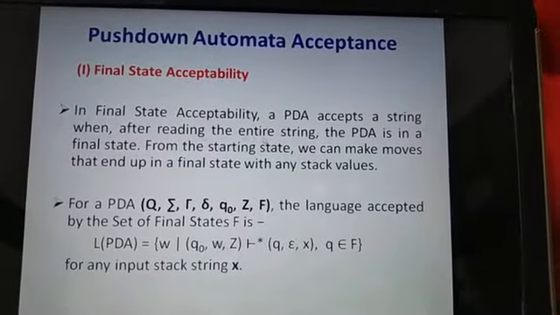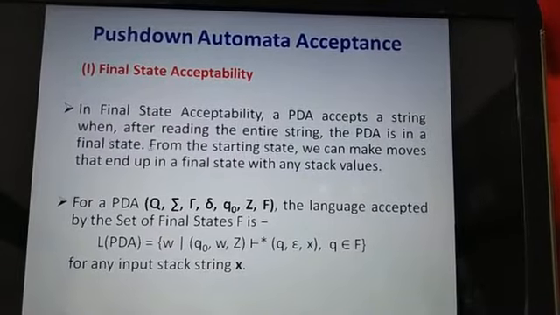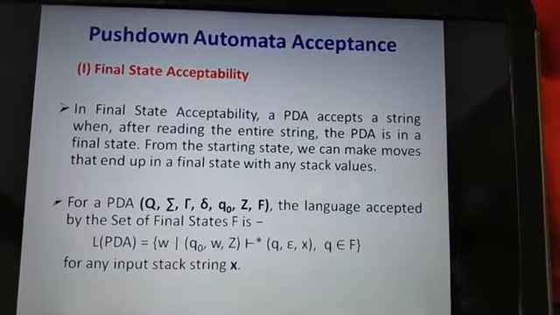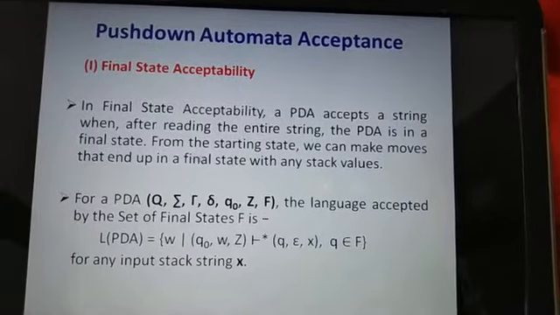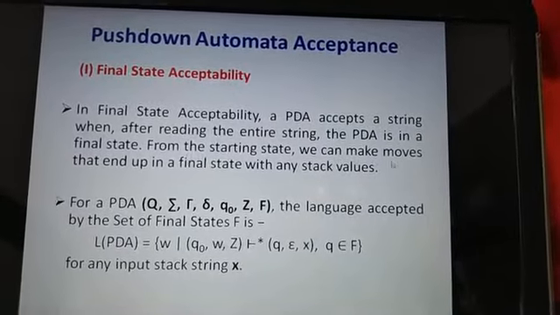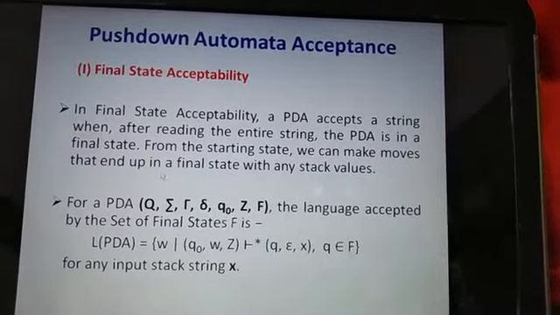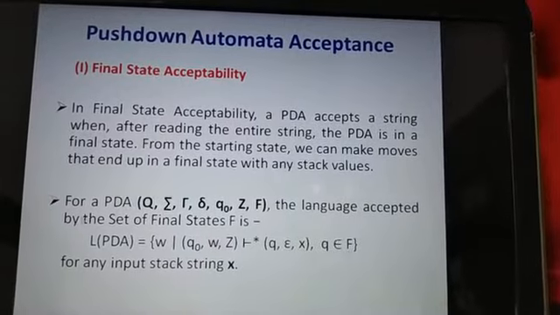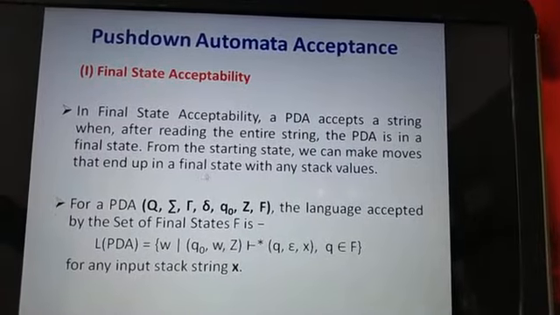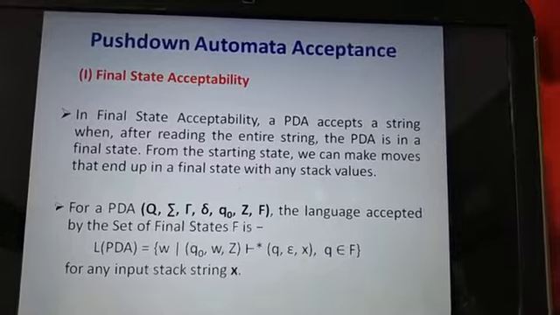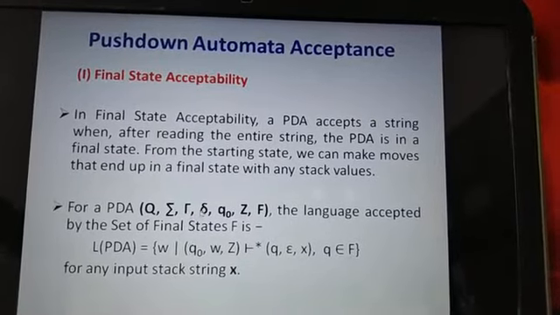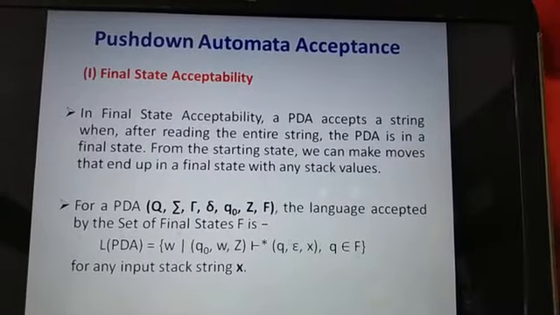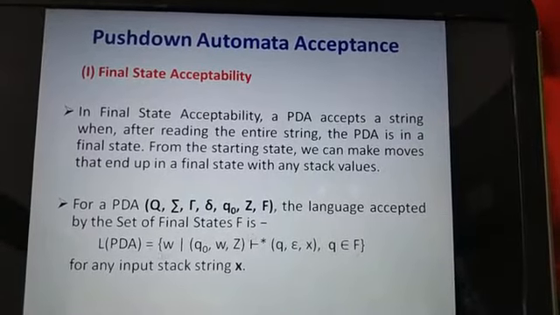In final state acceptability, a PDA accepts a string when after reading the entire string, the PDA is in the final state. From the starting state, we can make moves that end up in the final state with any stack values. So at last we can go to the final state for this type of acceptability. For a PDA with 7 tuples, the language accepted by the set of final states is this.